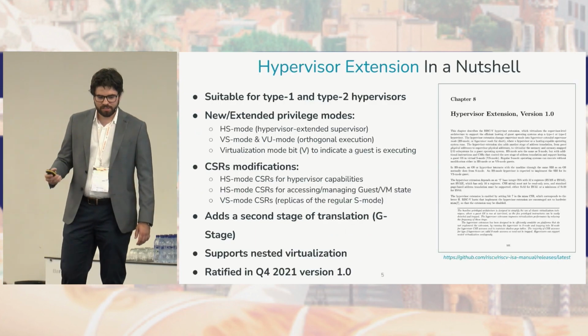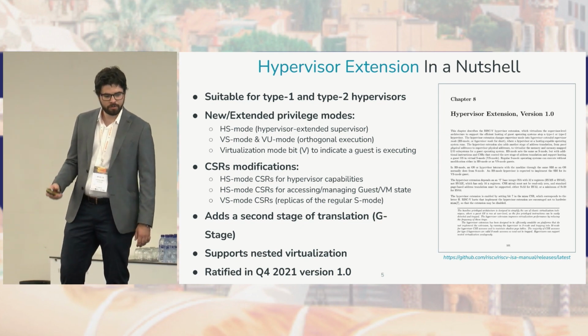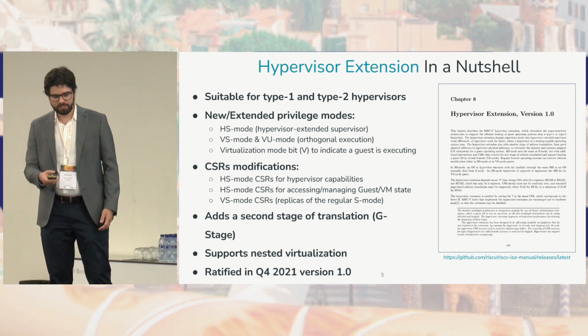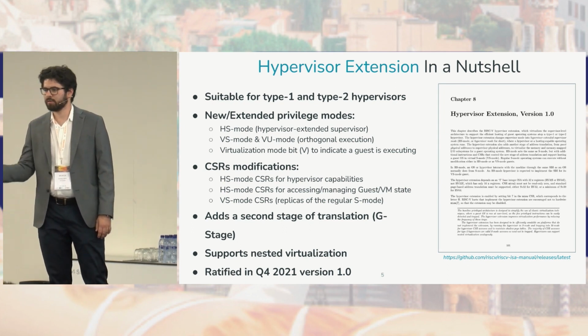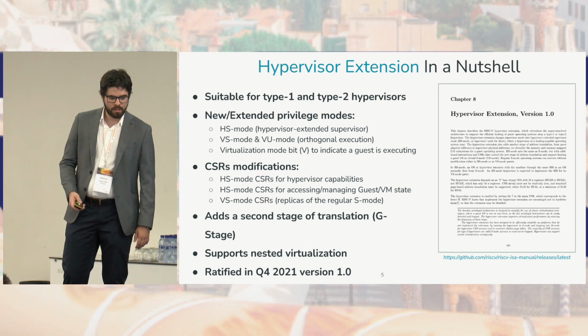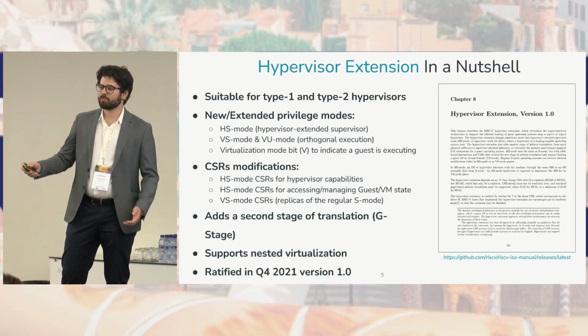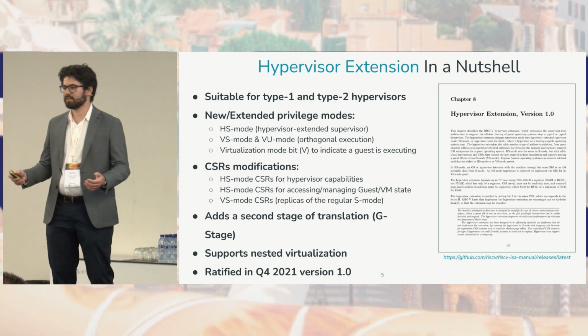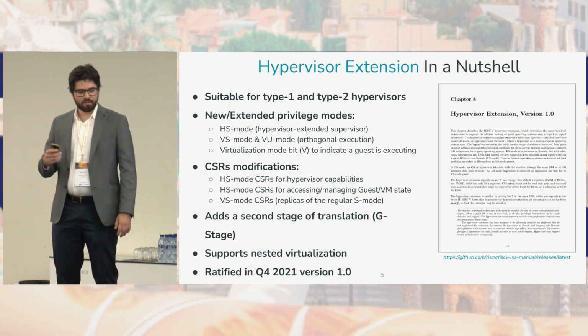The Hypervisor Extension is the RISC-V standard that gives you virtualization support in hardware. This is suitable for type 1 bare metal hypervisors and also hosted hypervisors. What this extension does is extend the supervisor mode into a hypervisor-extended mode, capable of running the hypervisor.